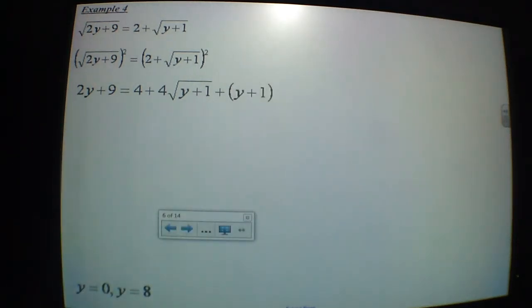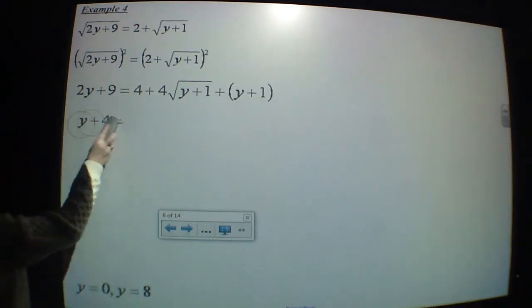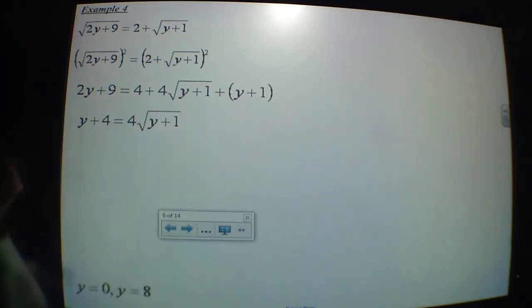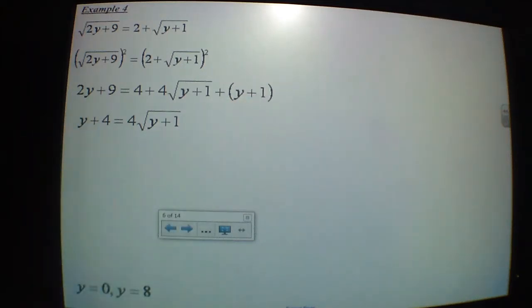But I still have a square root. So now what you need to do is isolate the square root and repeat the process, square each side. So I'm going to isolate the square root. So I moved the 4 over. I moved the y over. I moved the 1 over.